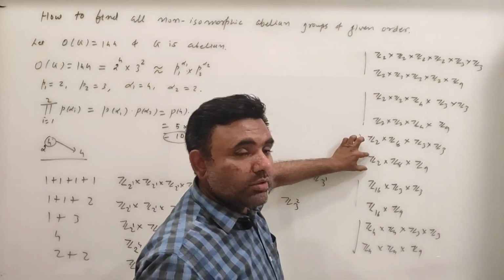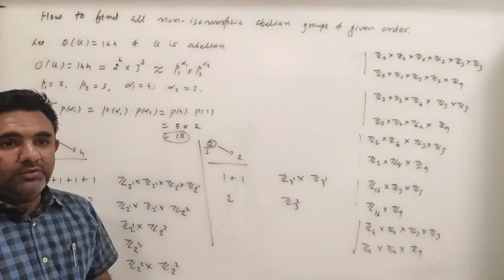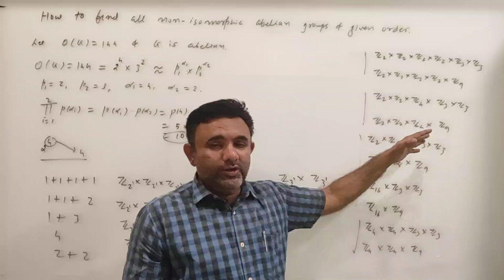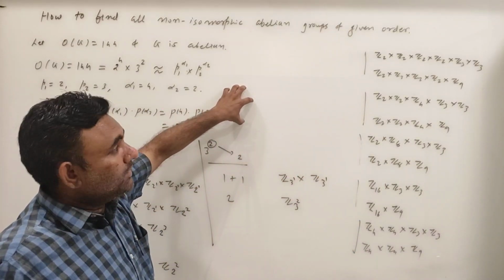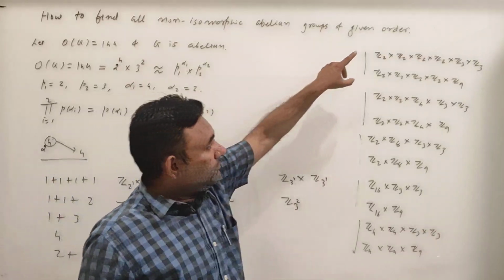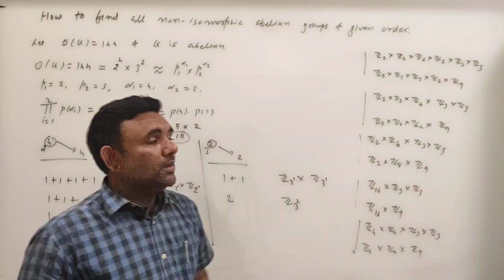So these are non-isomorphic. ये मतलब सब अलग अलग ग्रुप है. इसके अलावा कोई मैंने ग्रुप लिया, right, then it must be isomorphic to one of the groups.